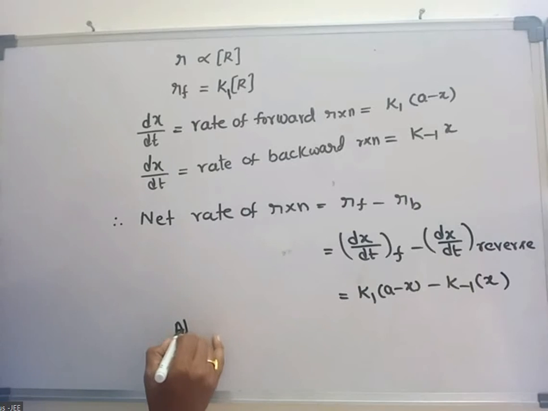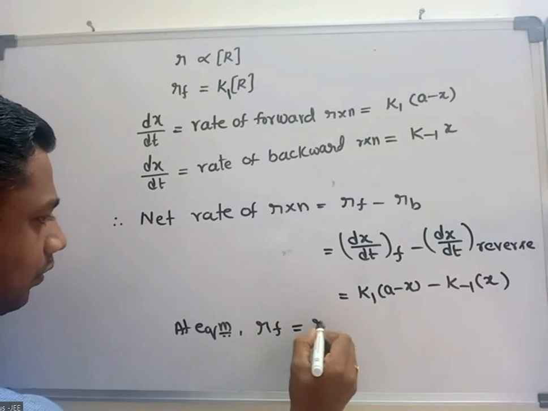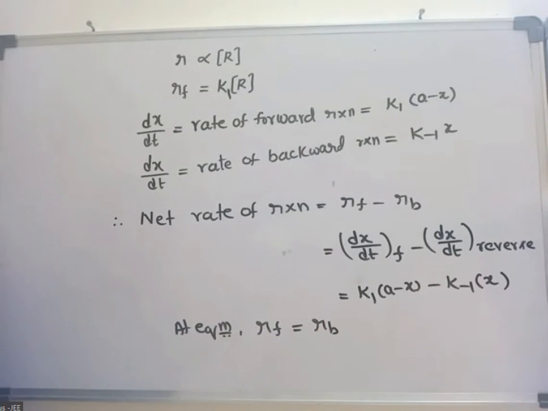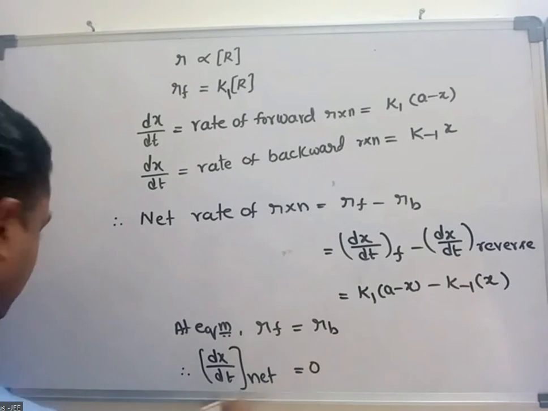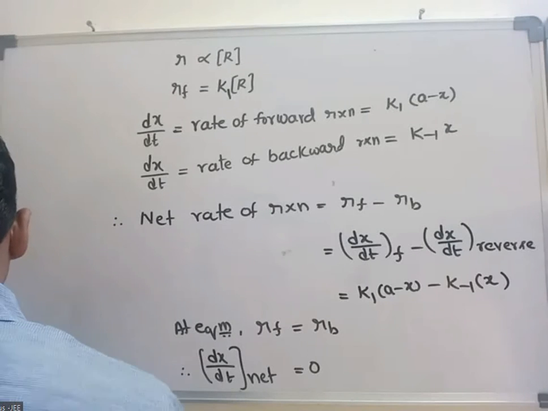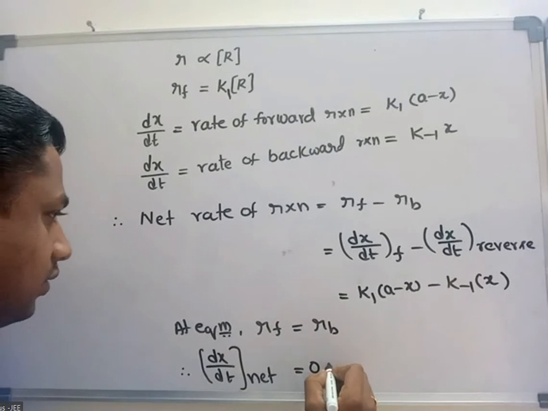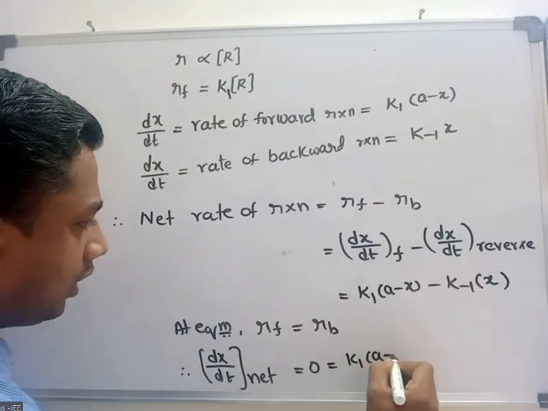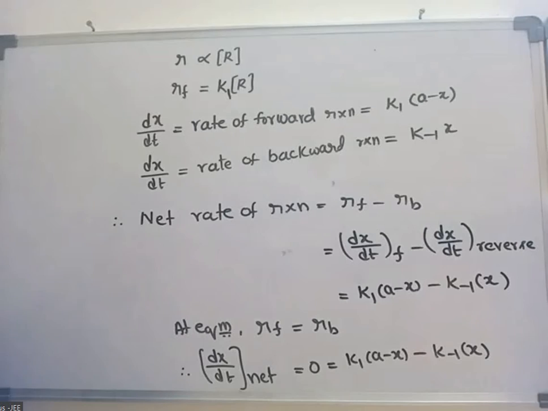At equilibrium, the rate of the forward reaction is equal to the rate of the backward reaction. Therefore, the net rate of reaction dx by dt is equal to 0, which gives K1 into A minus X minus K minus 1 into X equals 0.